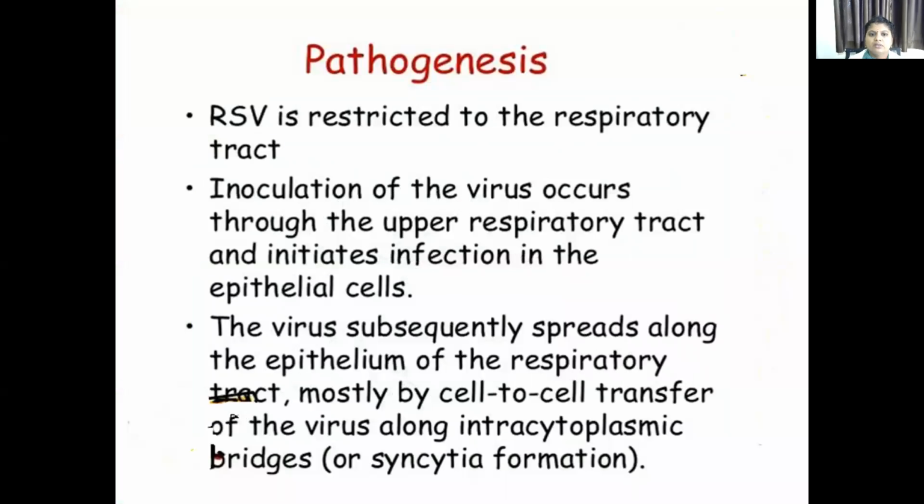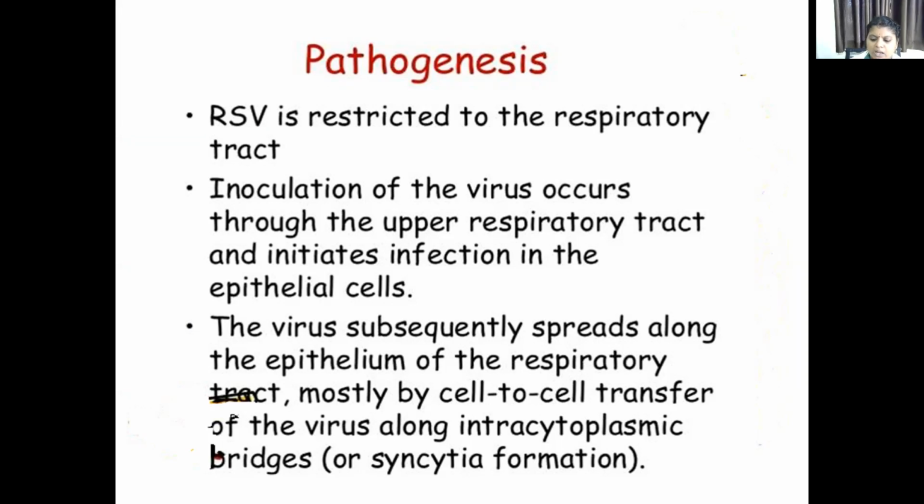If you see the pathogenesis, it is usually restricted to the respiratory tract. Humans get the infection through aerosols or direct contact. After local multiplication in the lymph nodes, it enters into the bloodstream.